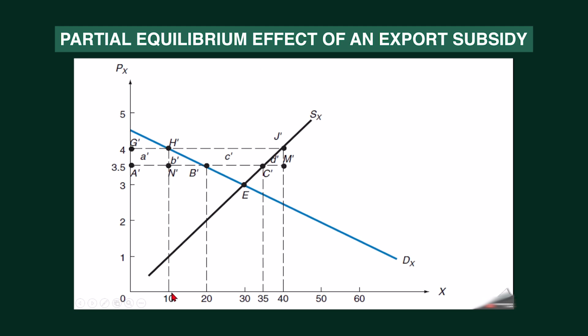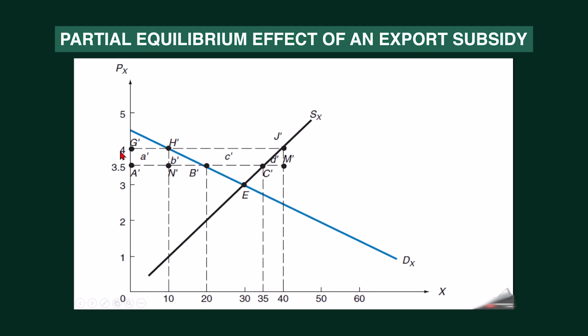In this case, the country has an excess supply of 25 units which has been sold to other countries. Now suppose the government provides an export subsidy of 0.5 rupees.